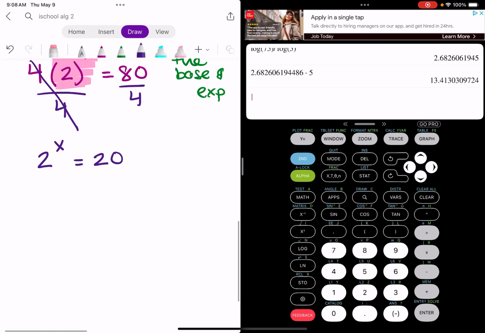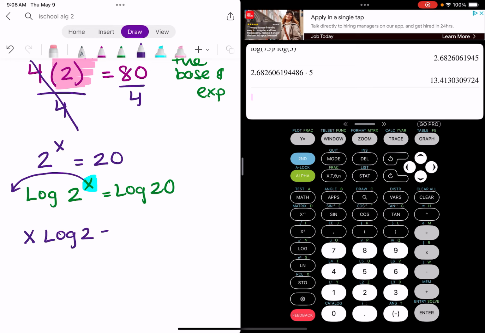And now, remember, to bring the exponent down, I have to take the log of both sides. So I have log 2 to the x equals log 20. And then now I can use that log property that's going to bring the exponent to the front. So I have x log 2 equals log 20.